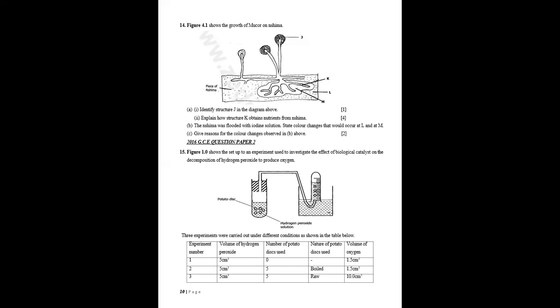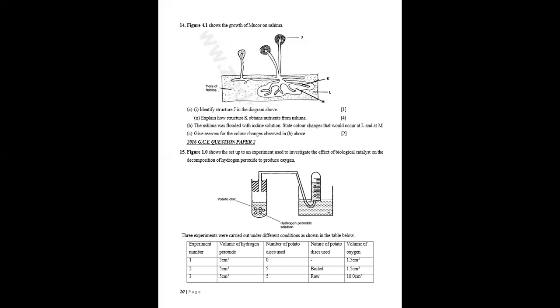This is because almost all the enzymes in the potato disc are denatured. Hence, there are very minor enzymes to convert hydrogen peroxide to oxygen and water.